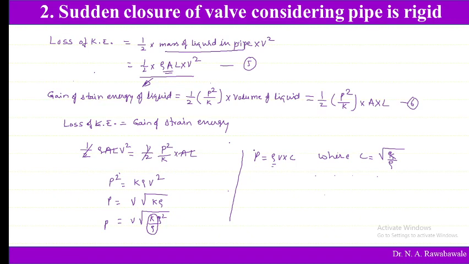Therefore this equation becomes P is equal to rho V into C for sudden closure, considering the pipe to be rigid. So pressure intensity is equal to rho V into C, where C is the velocity of pressure wave produced in the pipe due to sudden closure of a valve. So this is the second case.